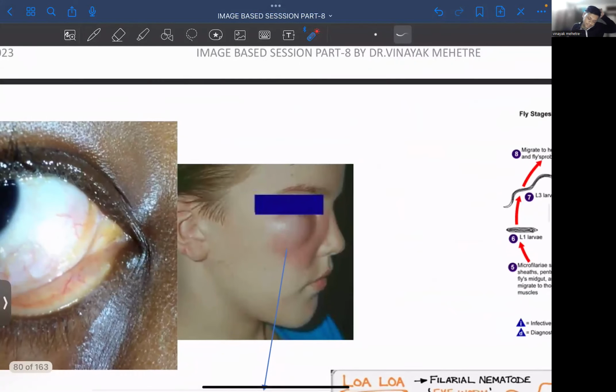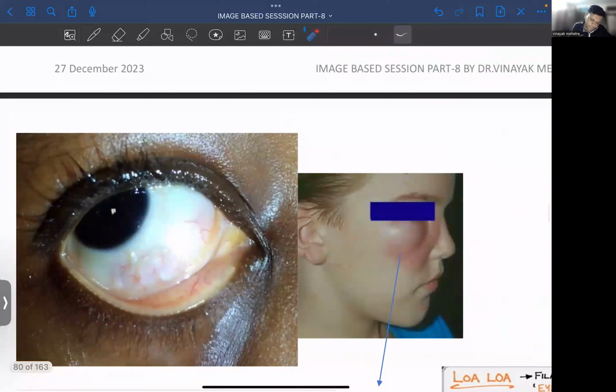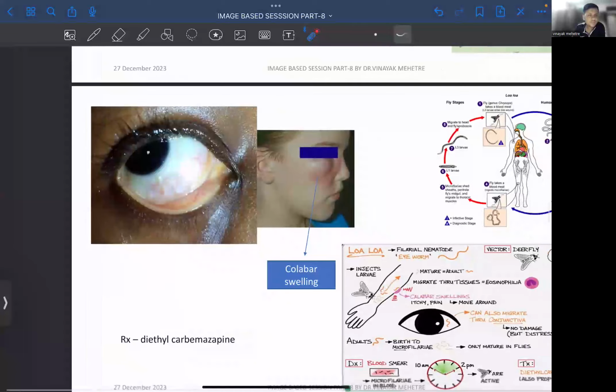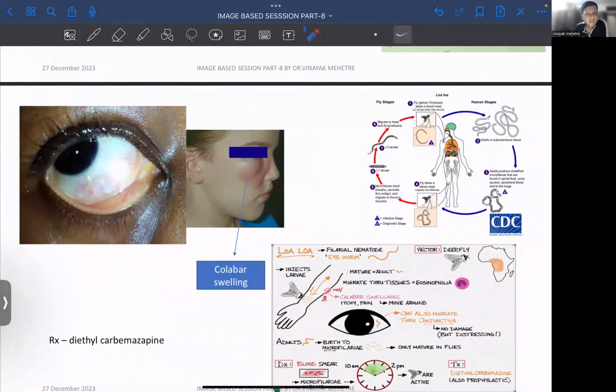Take a look over here. There is a worm in the eye, with swelling. This is called as Calabar swelling, with a worm inside the eye. The name is, गाना है एक, बचपन में सुना होगा, मिस्टर लोआ लोआ. तेरे आंखों का जादू. The आंखों का जादू is this one.